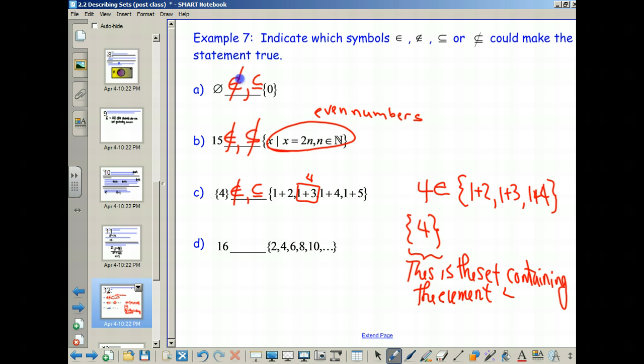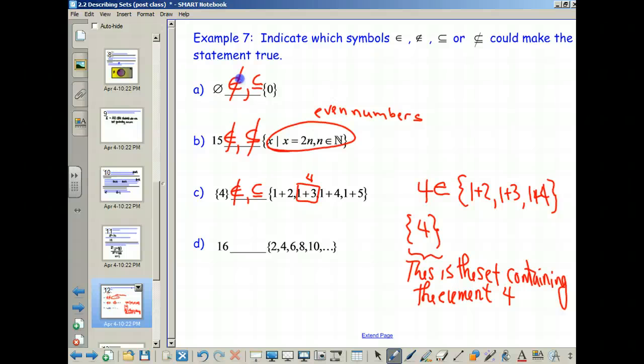But it's a set. It is not an element. It is a set. And you know it's a set. Why? Because it has curly braces around it. It's the language that's being used. But it is a subset because it's a set, and everything inside of the set, namely the number 4, is in the set on the right-hand side. It is a set. It's just not an element.